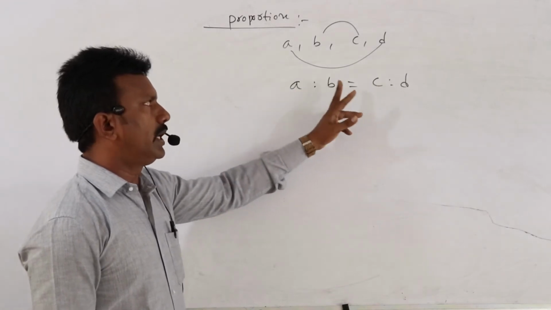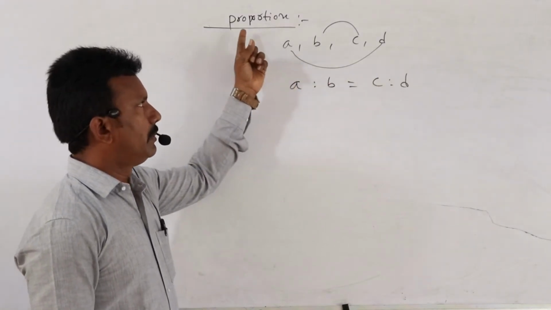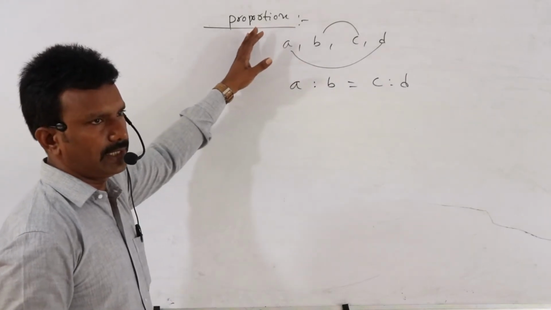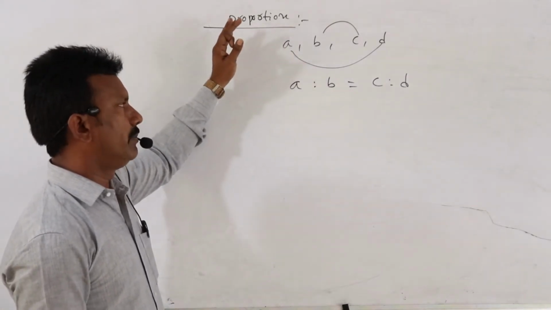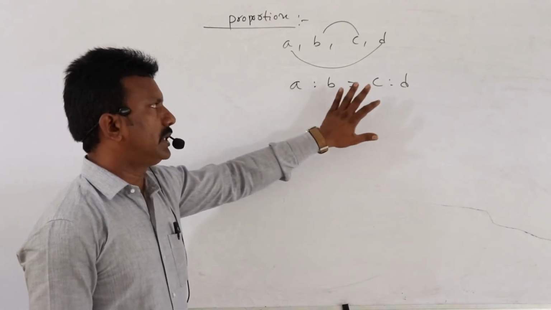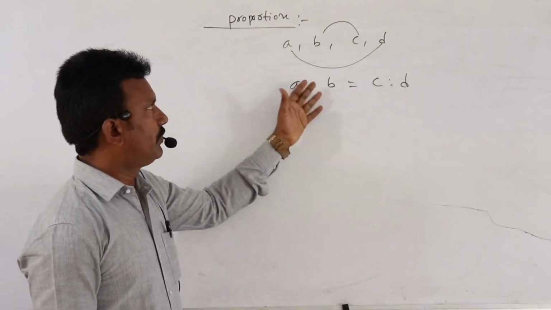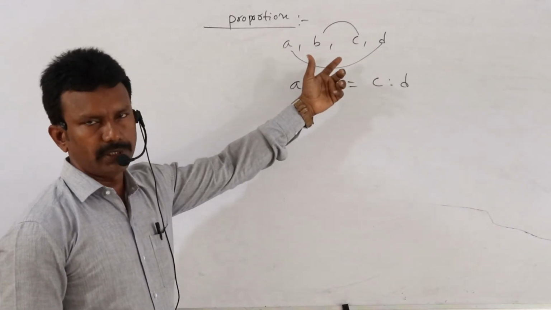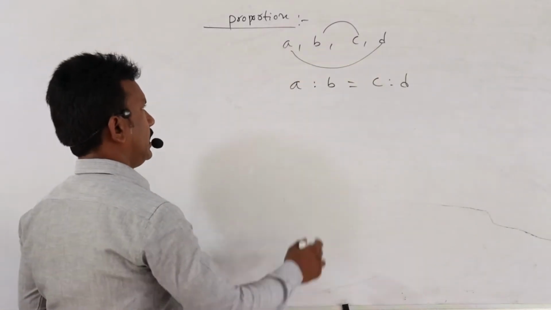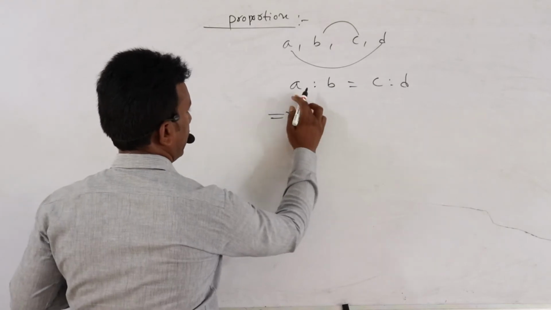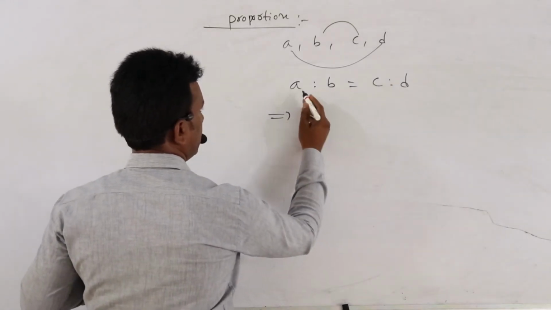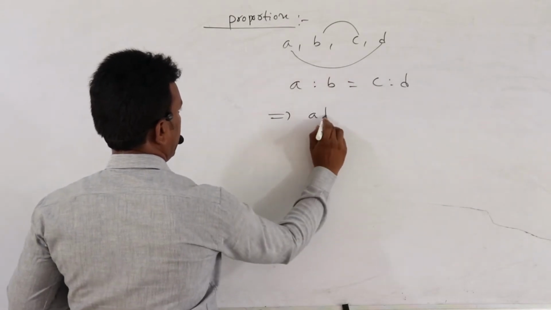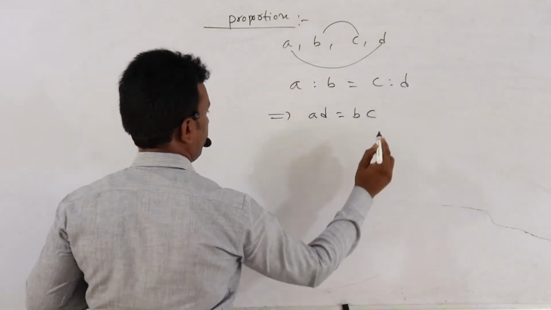The meaning of proportion is that if two ratios are equal, then the four numbers A, B, C, D are in proportion. So we write the condition A is to B equals C is to D, and the product of extremes AD is equal to BC.